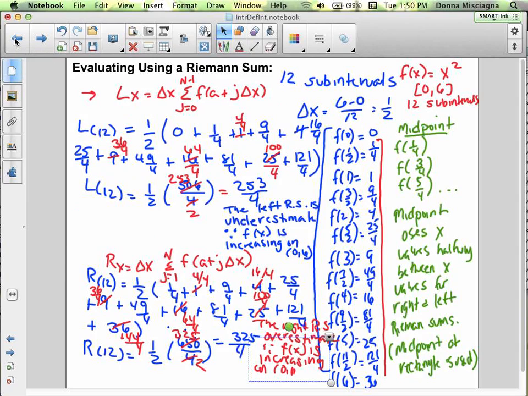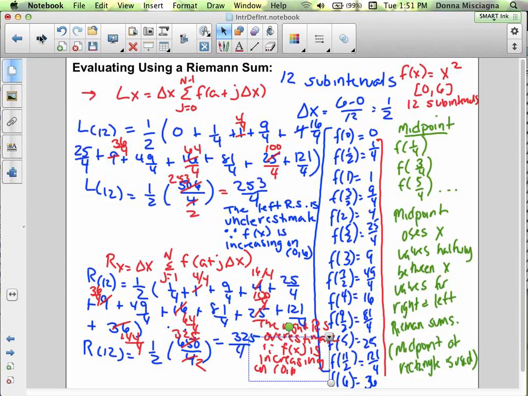The 253 fourths was 63.25. The trapezoid rule was 72.25, and if we take 325 and divide it by 4, we get 81.25. So you see the trapezoid rule was in between the other two, and it should be.